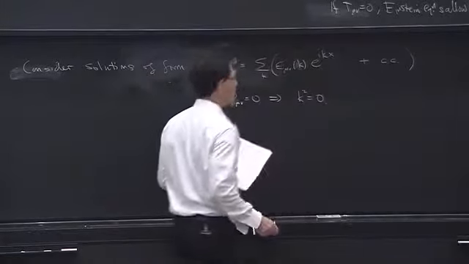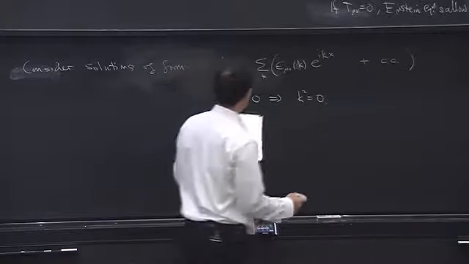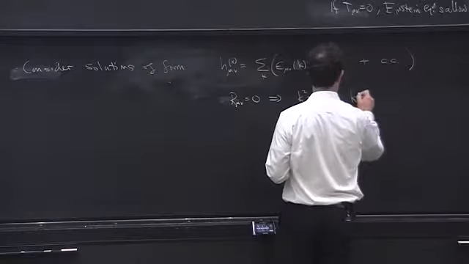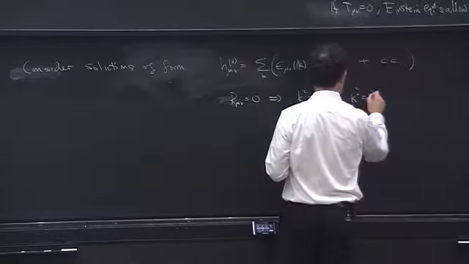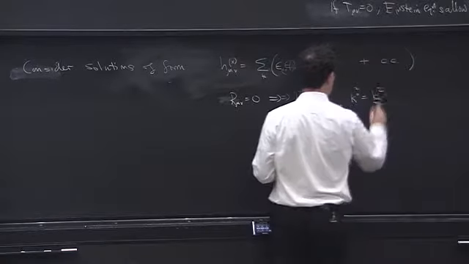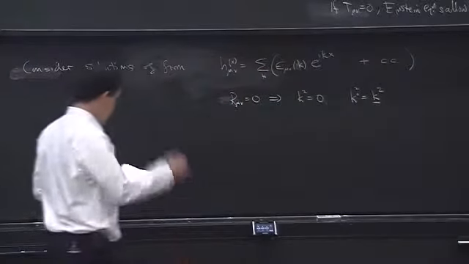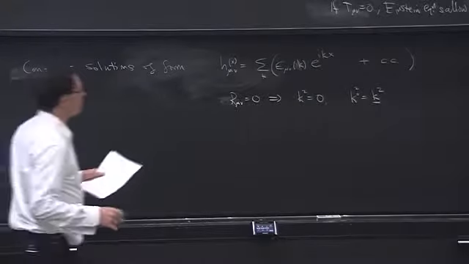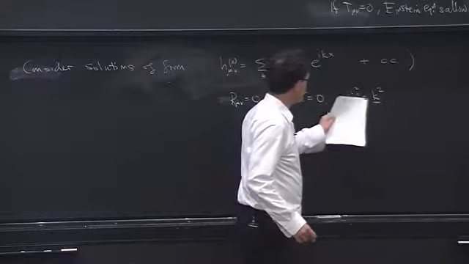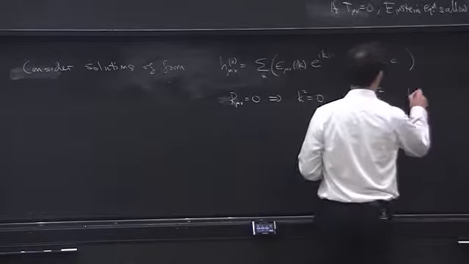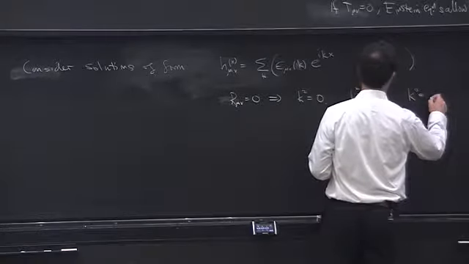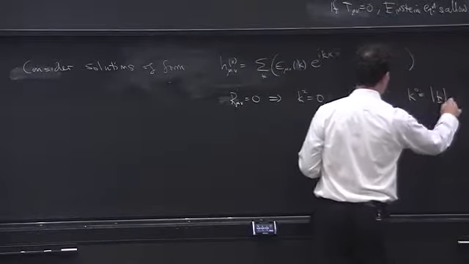So when I sum over k's, I've got to make k₀² equal to the spatial k squared. So this sum really reduces just to a sum over spatial k vectors, and k₀ is equal to the modulus of k.